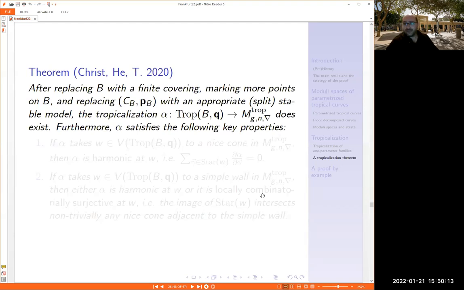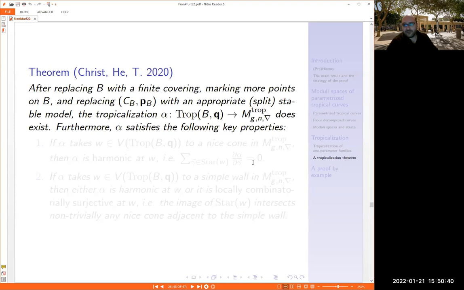And the claim is that there is such a tropical map that commutes with pointwise tropicalizations. Of course, set-theoretically, this map is defined just by the requirement that it must commute with pointwise tropicalization. And the claim is that this set-theoretically defined map is in fact a tropical map. It respects the integral affine structure. It's a piecewise integral affine map.